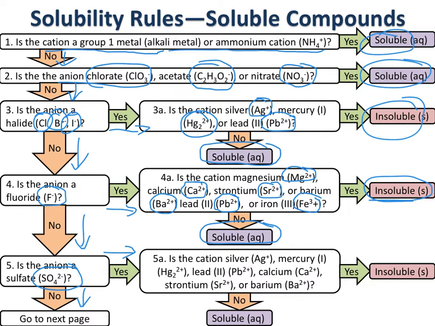Is the cation silver, Ag+, mercury 1, Hg2 2+, lead 2, Pb2+, calcium, Ca2+, strontium, Sr2+, or barium, Ba2+? If the answer is yes, then the compound is insoluble. If the answer is no, then the compound is soluble.